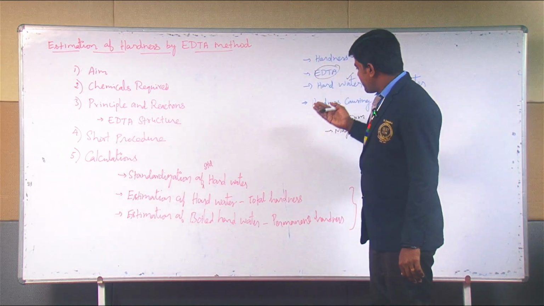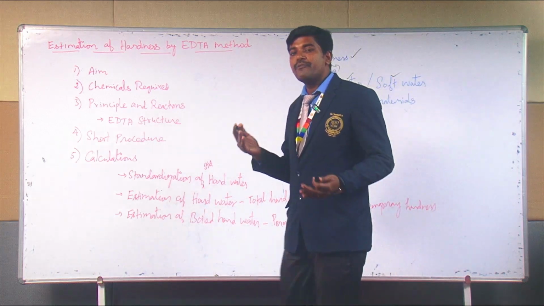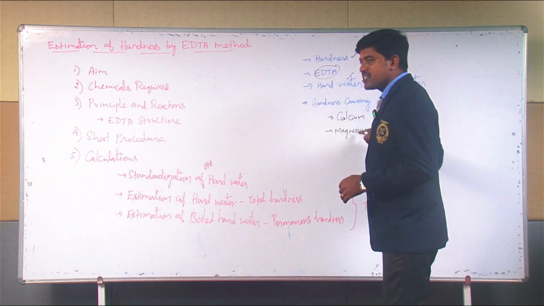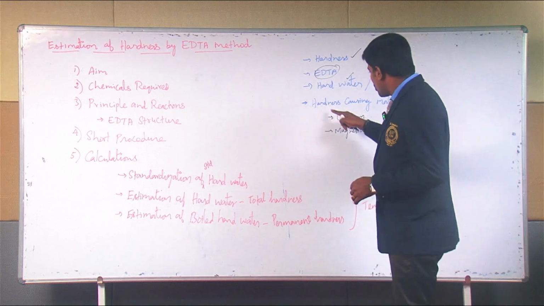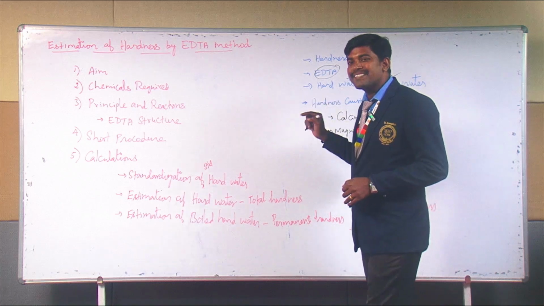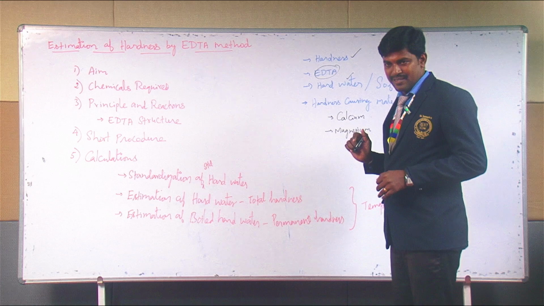And if calcium and magnesium salts are present in the water, what will happen? It results in hardness. If calcium and magnesium salts, which are hardness causing materials, are present in the water, it results in hardness.